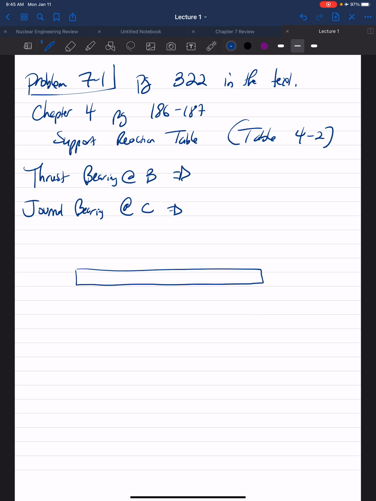We have the 400-pound force here. We have the 800-pound force here. At B, which was the journal bearing, I'm sorry, B was the thrust bearing.